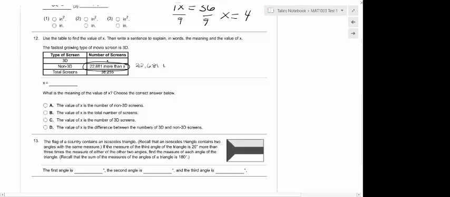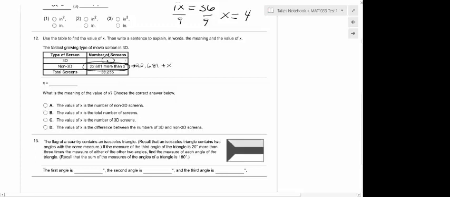22,681 plus x, right? But that's not all we have because we still have this x here, right? I'm just saying that that part is equal to that, right? So now they give us the total, and anytime you have a total, if you think of being at like a grocery store, when they give you the total, they added up all of the items, right?